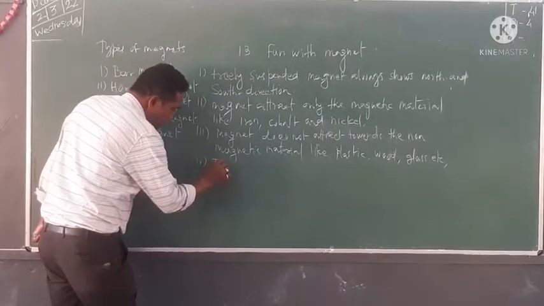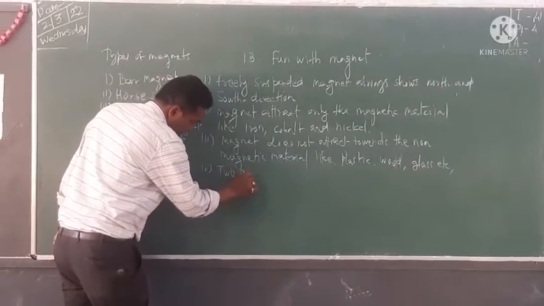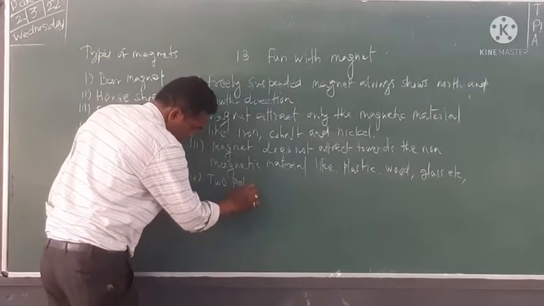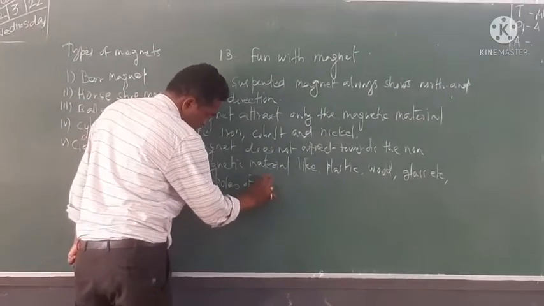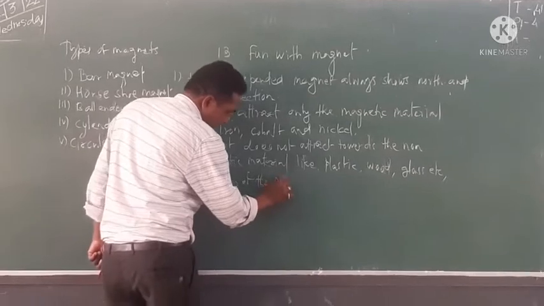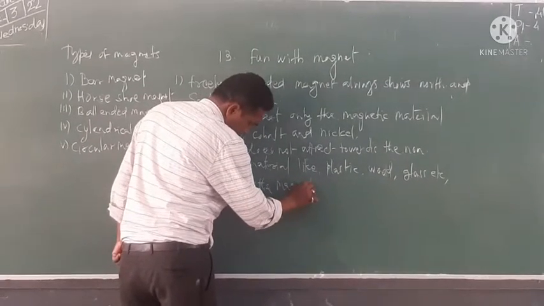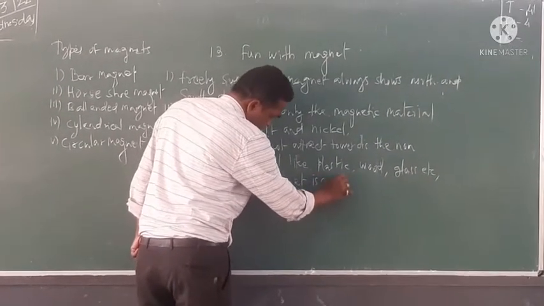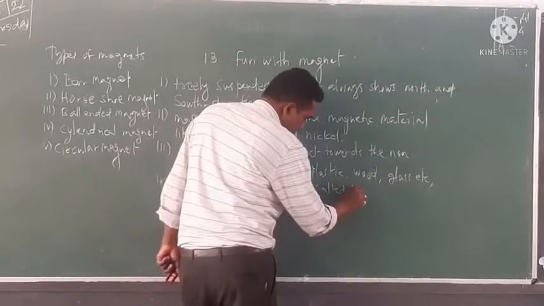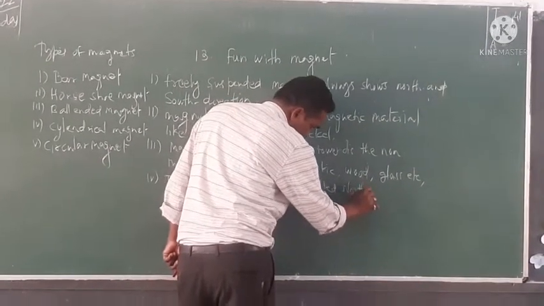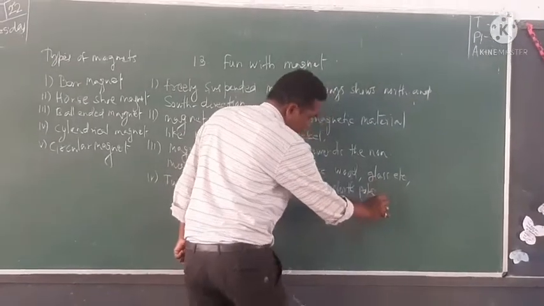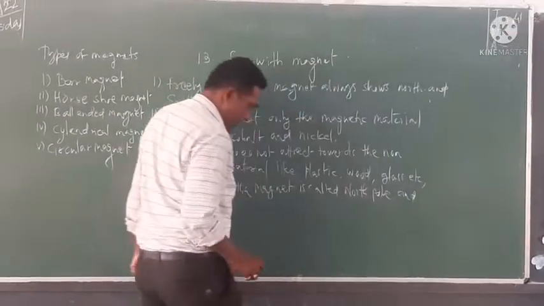The 2 poles of the magnet is called north pole and south pole.